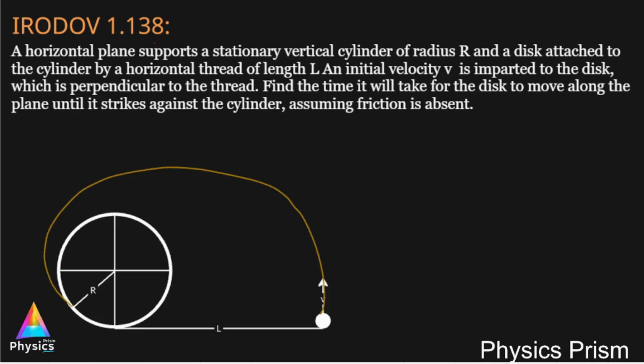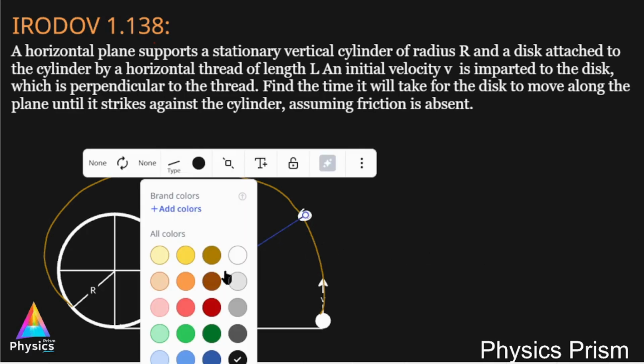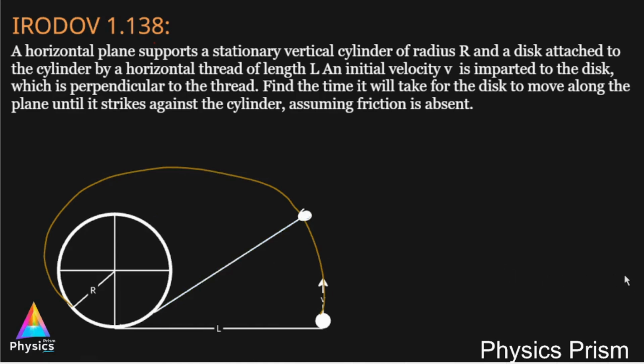So to solve this, we take an arbitrary position of the disc, say somewhere about here, and analyze it. There must be a tangential line connecting it, and we give it white color; this is some part of the rope.